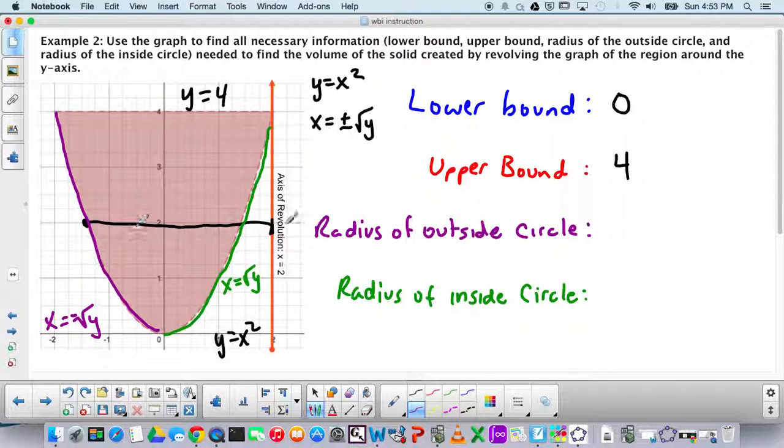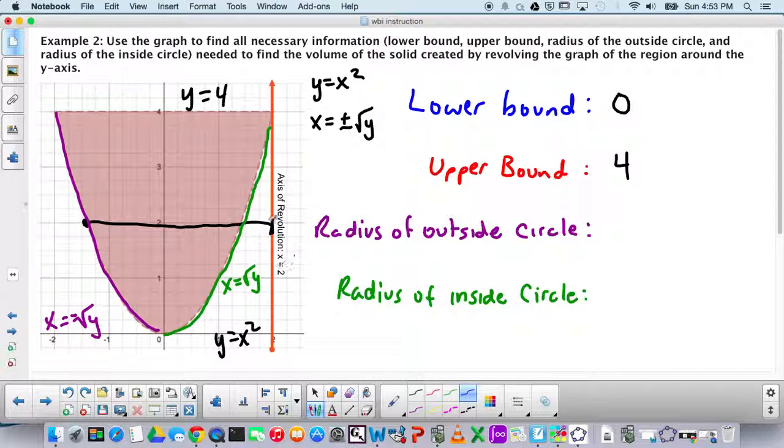So the question is, how do we get the distance from here all the way out to here? Well, remember, we want distance to always be positive. You know, if you were going to Wilmington, you wouldn't say, when you're going to Wilmington, it's 120 miles, and when you come back, negative 120 miles. It'd be just 120. So since we want distance to be positive all the time, we're going to subtract the rightmost function minus the leftmost function.